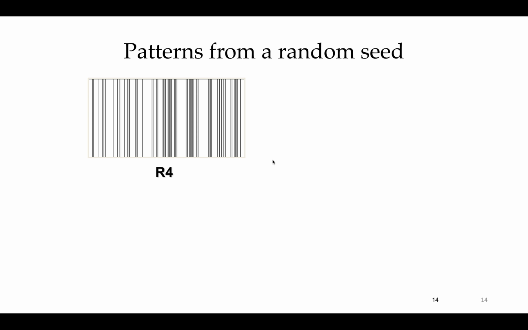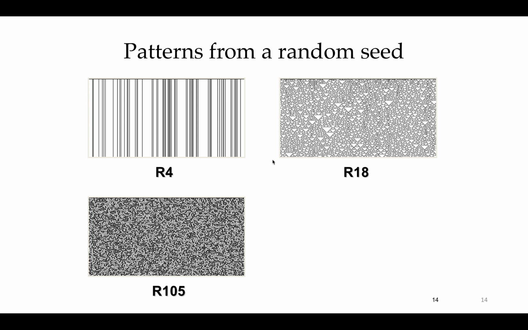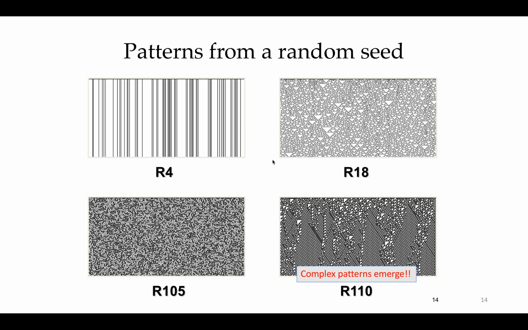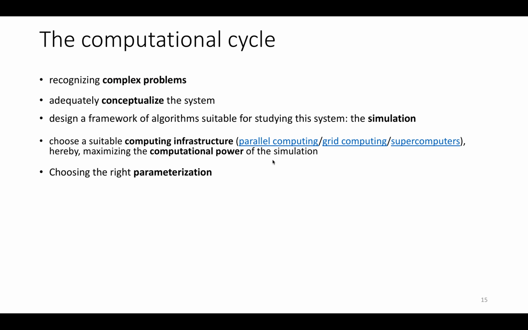And now we can simply choose a different set of rules with the same complicatedness, and we can see noise and chaotic structures appearing. But if we choose our set of rules just right, we can see complex patterns emerge that seem to organize themselves and maybe even interact with each other, like the figure I show here. So the right parameters are really, really important if you want to make your model perform properly.